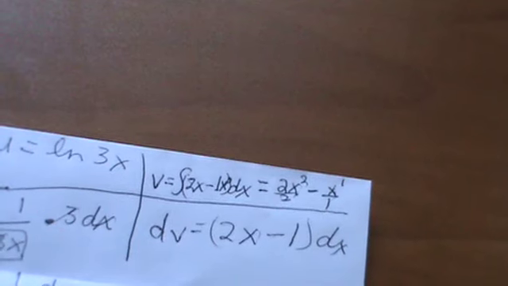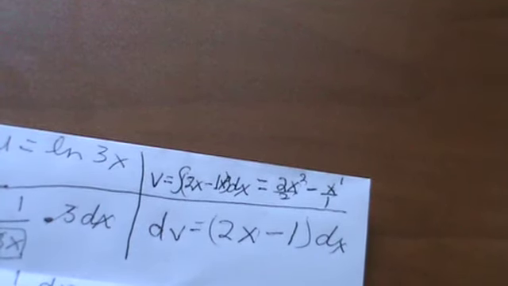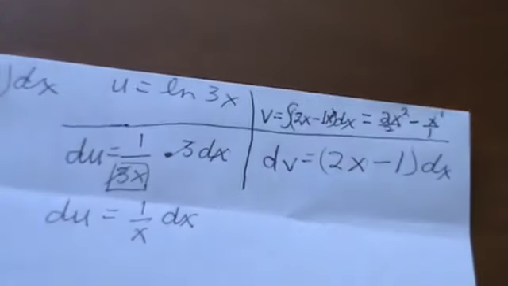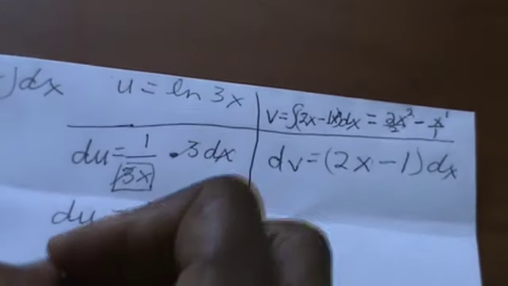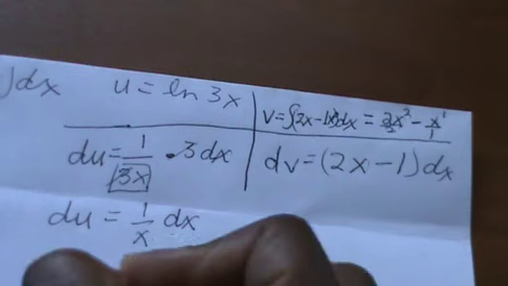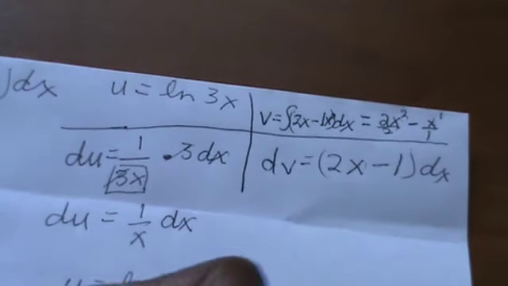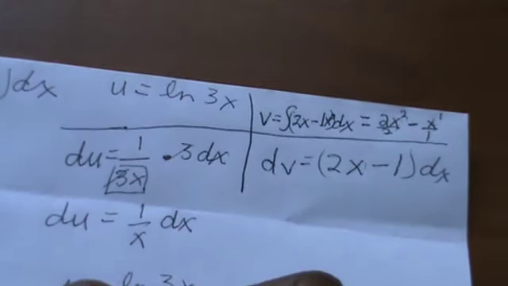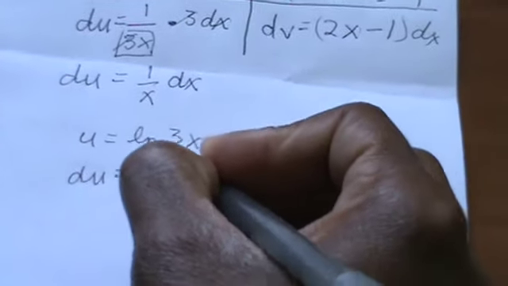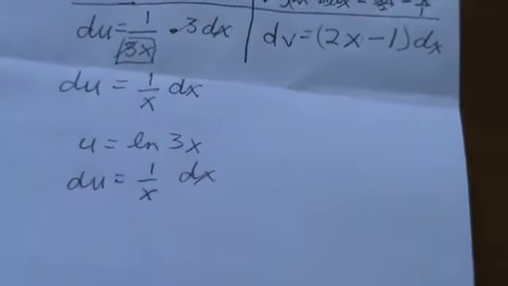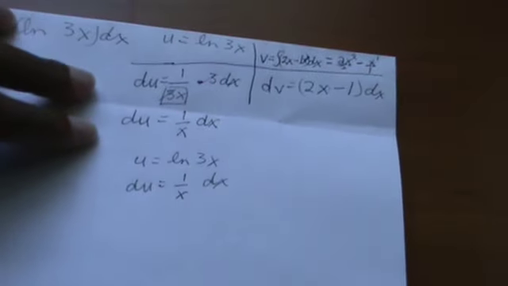So let's get back in here, and I want to rewrite these because it seems really sloppy. So u equals the natural log of 3x, du equals 1 over x dx. I want to widen this so that you can see them all at the same time.